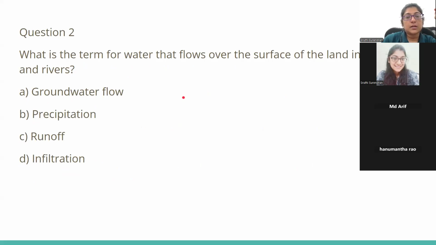Next one is, what is the term for water that flows over the surface of the land into streams and rivers called? Is it groundwater flow, precipitation, runoff, or infiltration?